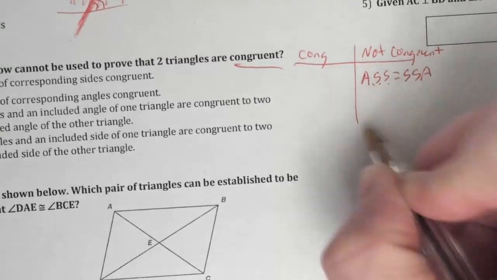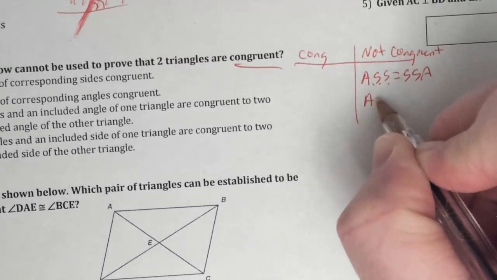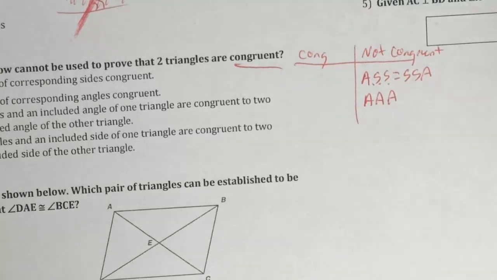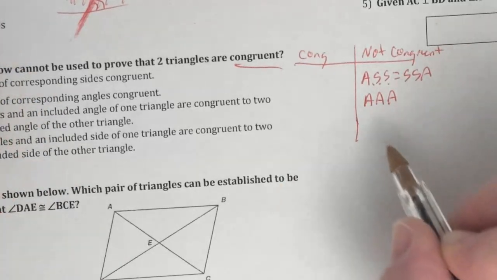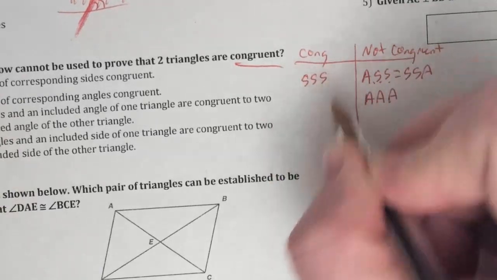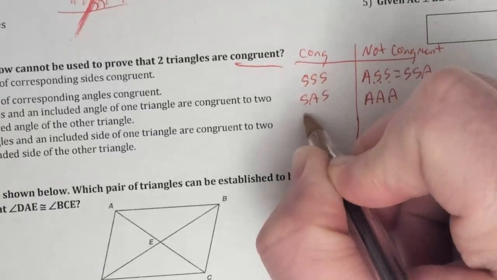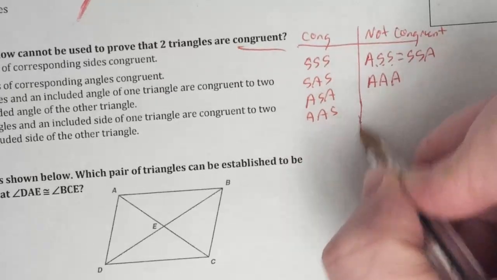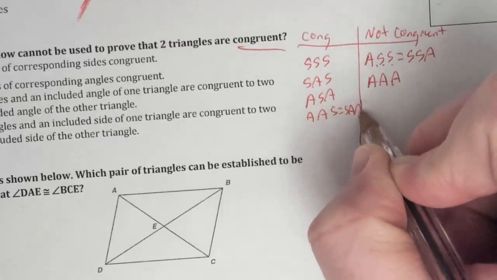And then there is AAA, because your booty's so big it's a triple one. Okay, and then all the other combinations of A and S are good. So SSS, that's side, side, side, side, angle, side, angle, side, angle, angle, angle, side, or side, angle, angle, right?